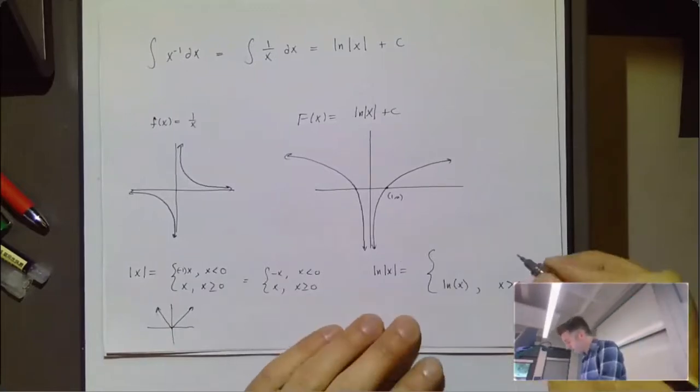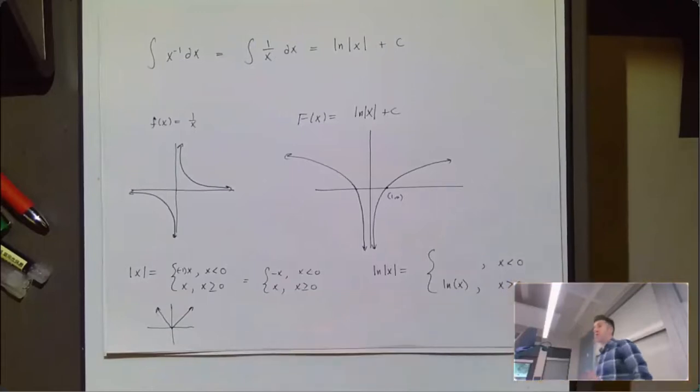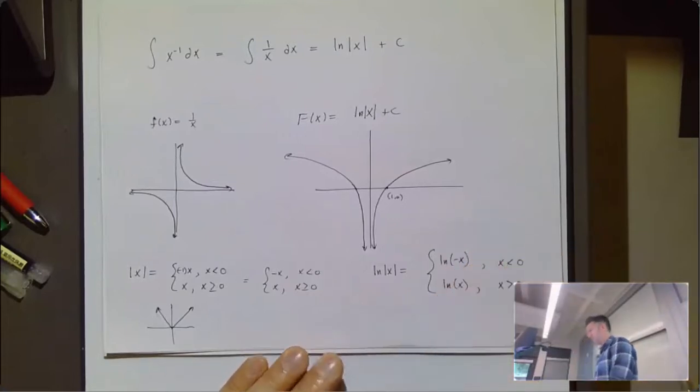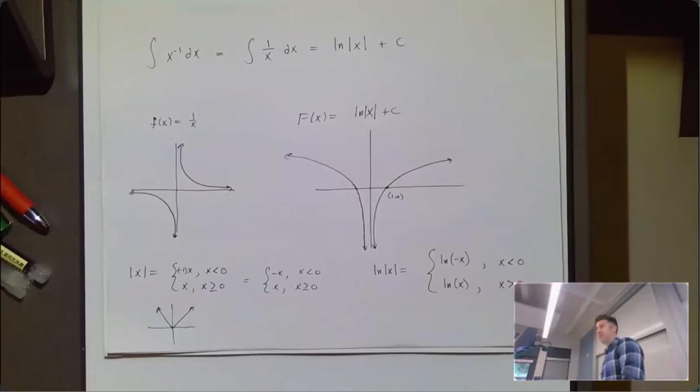But now we're going to let x be negative and then turn x into a positive thing so we can take the natural log of it, because you can always take the natural log of a positive number. We can never take the natural log of a negative number. So even though it's going to look kind of funky, we're going to take the natural log of -x, because if x is negative, then -x is positive. All right, great.